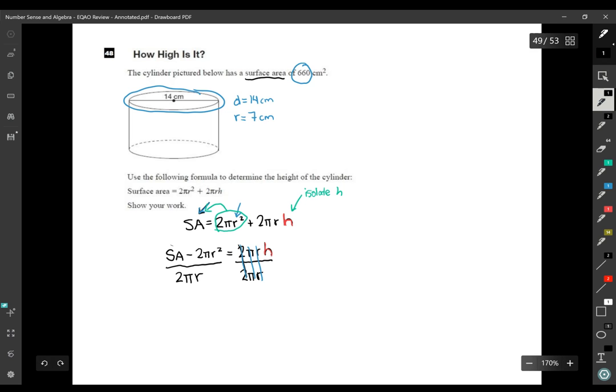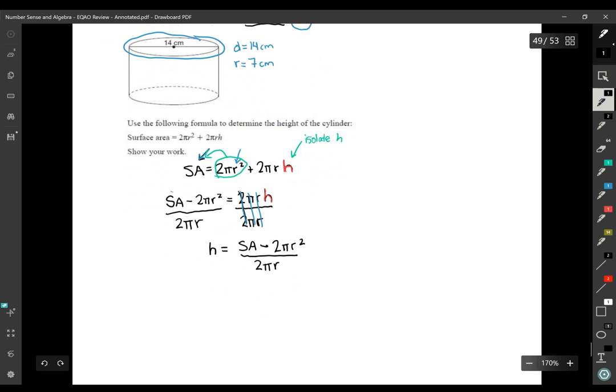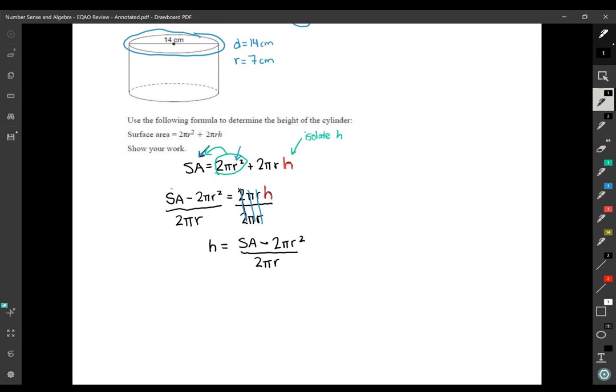So we get h is equal to surface area minus 2 pi r squared, all over 2 pi r. Okay, so there we go. That's the heavy lifting of the problem.